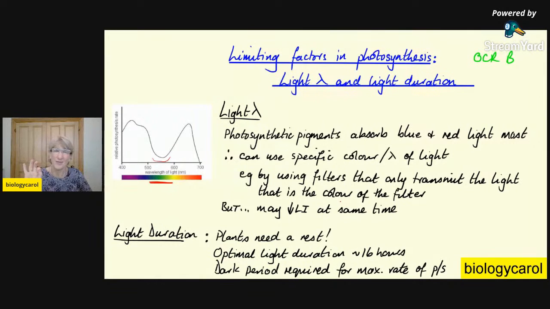It's almost as if the plants are getting tired, dear things. Therefore, OCR B students only, a dark period is required, for when you put on the light at that perfect light intensity, for photosynthesis to be at its maximum. I hope that makes sense.